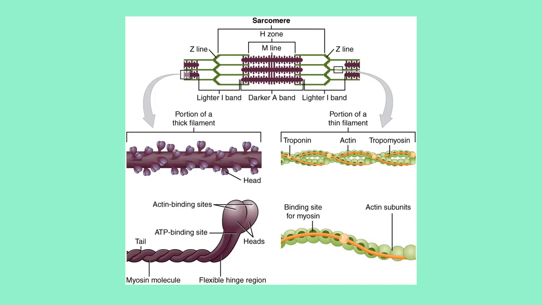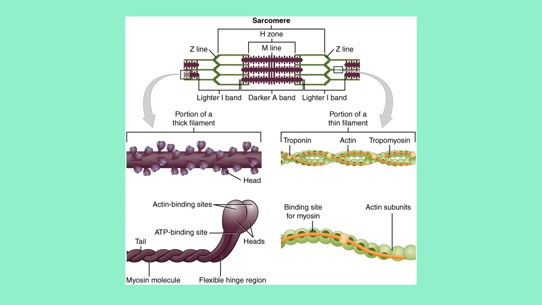Attached to it periodically are these little light beige colored balls. That is your troponin. Troponin is holding that tropomyosin in place. So here's your troponin right here, this beige ball. It is holding this orange line right over that darker green.